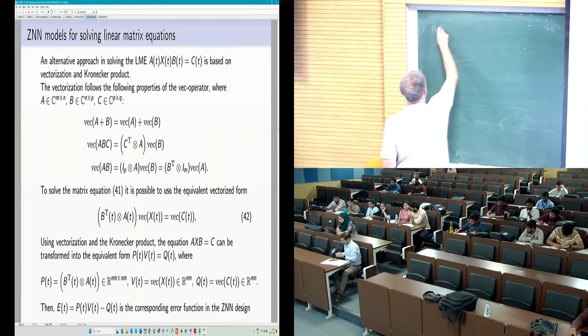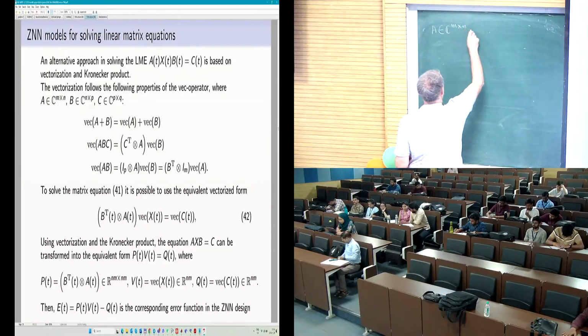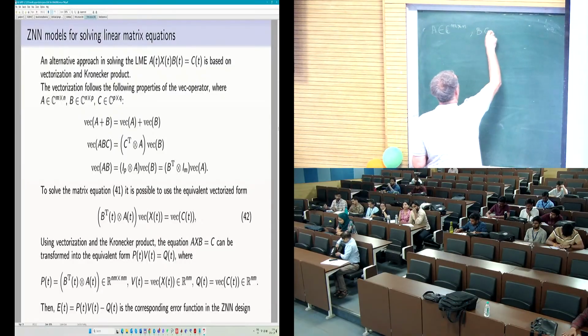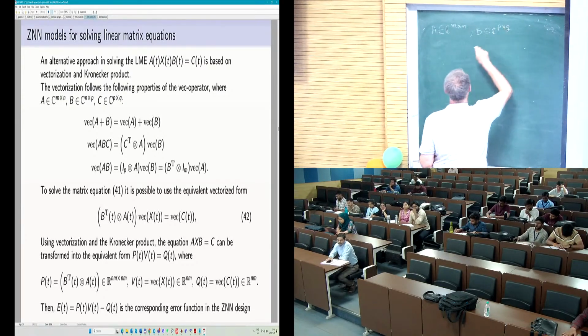A is a complex matrix of order m times n. B is a complex matrix of order p times q.